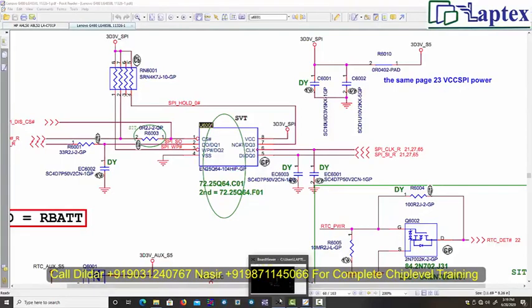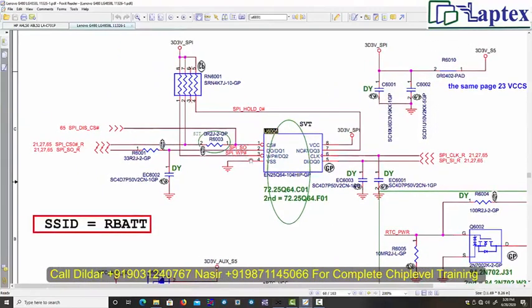Once again let me describe it: WP is the write protection mode, and while checking the BIOS you have to check that there must be 3.3 volt, 4k space is there, and it is responsible for stopping the BIOS from writing from the PCH. When the writing process is not executed with the PCH, what will happen? There will be no communication at the point of data input or data output. So consequently, you will not get display on the screen.